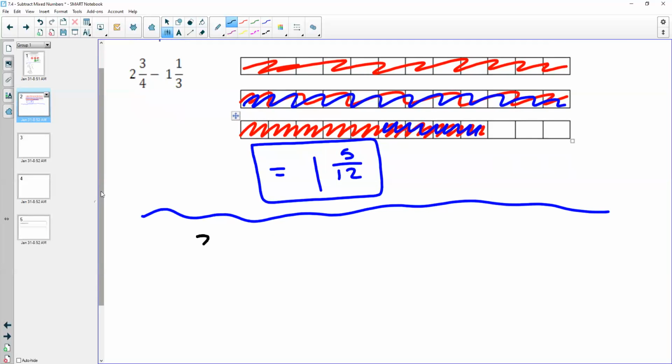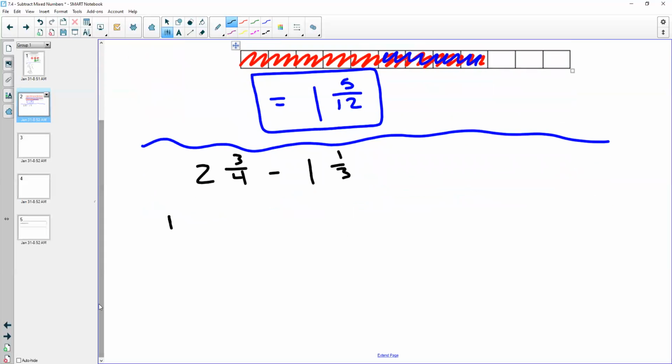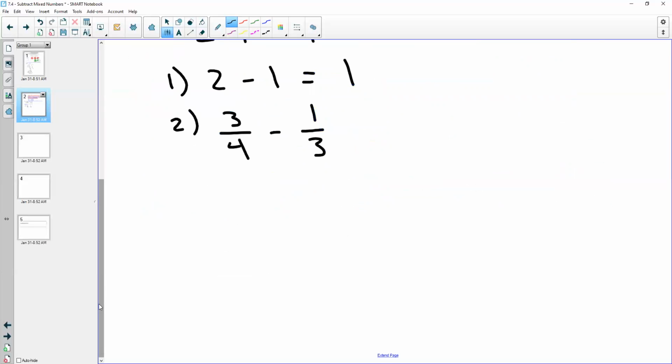Okay, so we have 2 3/4 subtract 1 1/3. Step 1 is subtract the whole numbers. So 2 minus 1 is equal to 1. Step 2 is subtract the fractions. So 3 over 4 subtract 1 over 3. Hopefully you're saying, Mr. Jones, we don't have a common denominator. And you're absolutely right. So let's find it. I'm going to do the multiplication strategy here, where I multiply each fraction by the denominator we're trying to operate by.